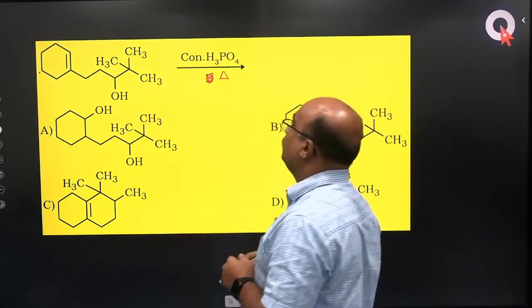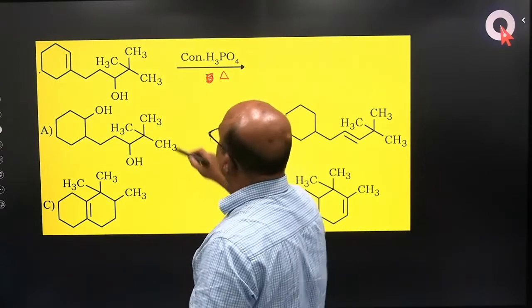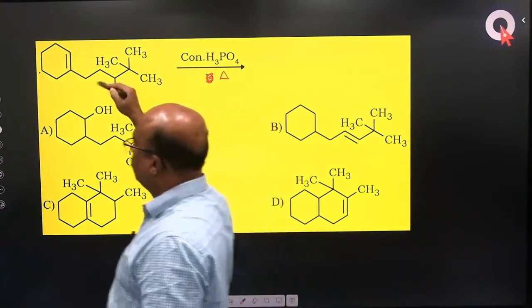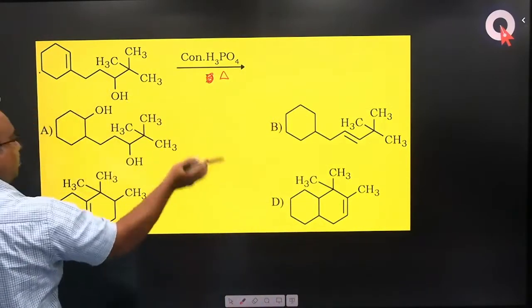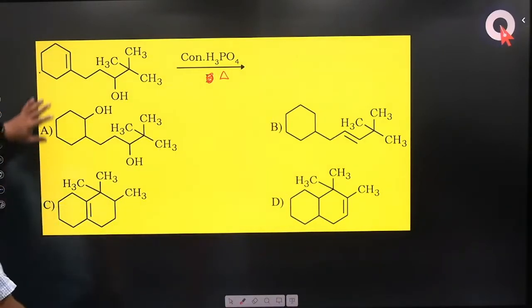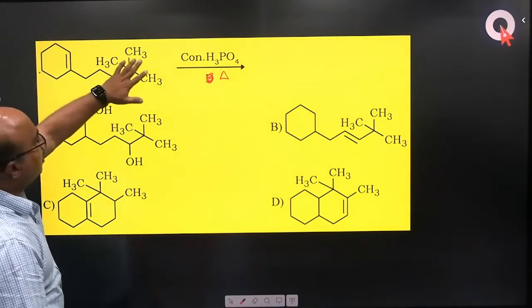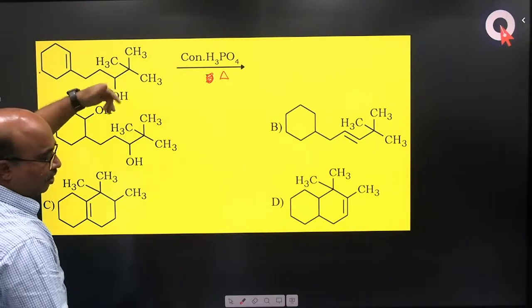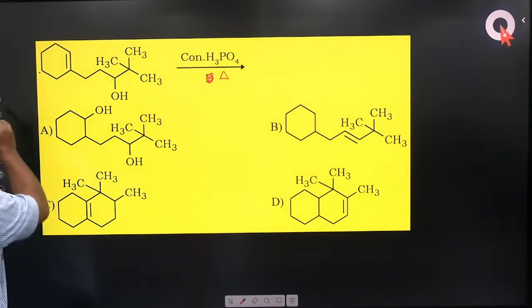So what we see? First, H plus reacts at this. We will transfer this molecule to the next page and see the mechanistic path.